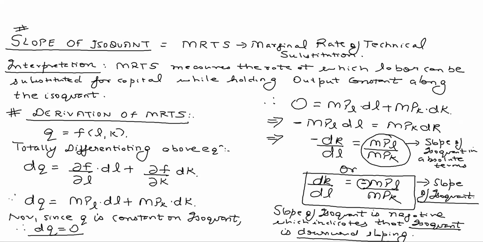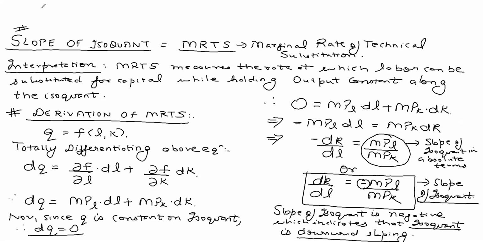Just a word of caution, but first let us quickly revise what we have done till now. We have talked about the slope of the isoquant, which is called the marginal rate of technical substitution. It measures the rate at which one unit, say labor, can be substituted for another unit, say capital, while holding the output constant along the isoquant.